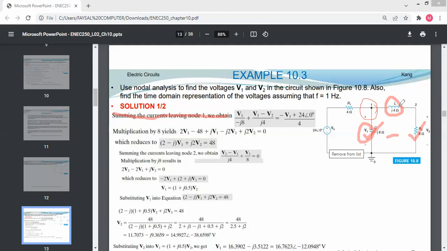So I can write this as V1 divided by the value of C, which is minus J8, plus now the difference V1 minus V2.